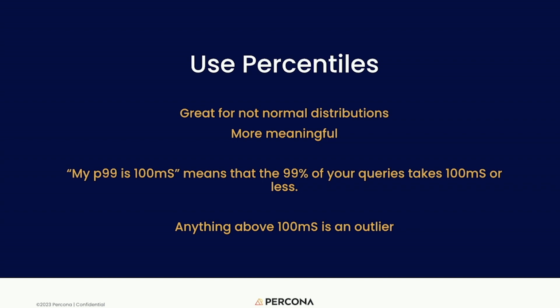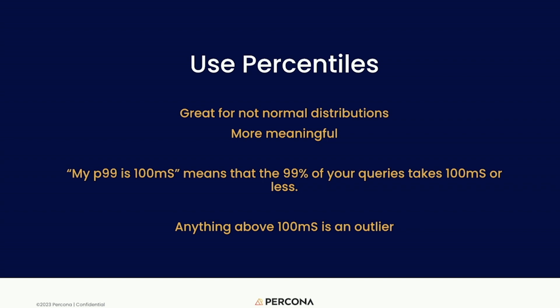So instead of saying my average is 1 minute, if I say my P99 is 100 milliseconds, that already rules out the outliers, right? 99% of the queries being executed are under 100 milliseconds. That's pretty good, right? Instead of the average of 1 minute. And those 2 or 3 queries that take 10 minutes are just in that 1% of outliers.